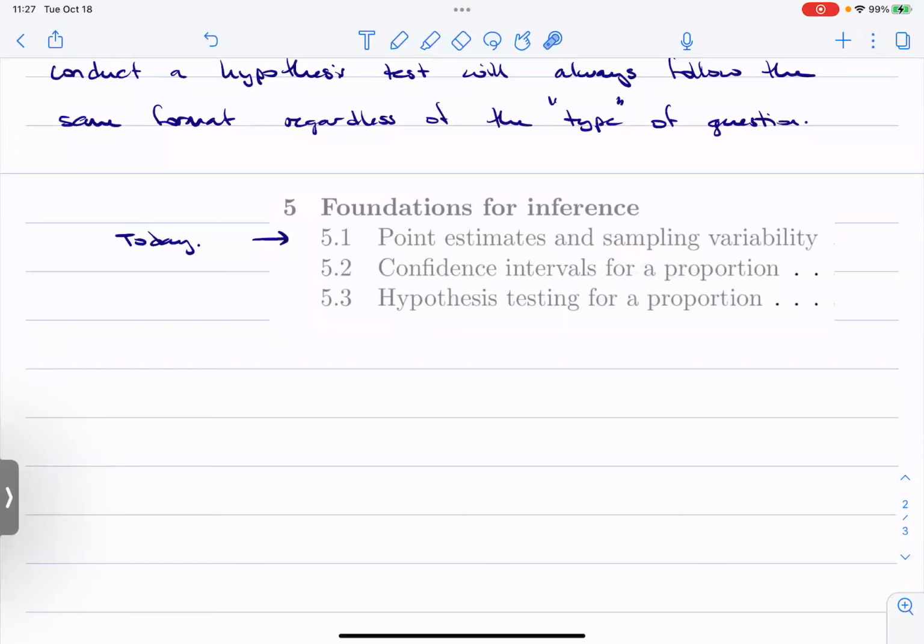We don't really get to do anything, although I have an example that I want to end with. On Thursday, we're going to do confidence intervals for a proportion, so a one sample proportion type of question.